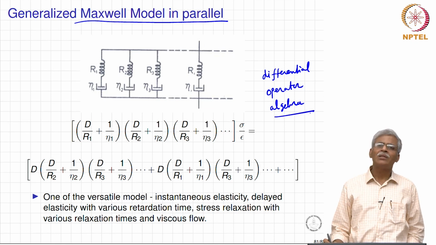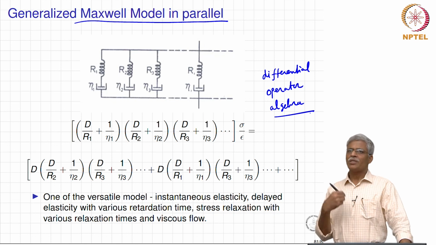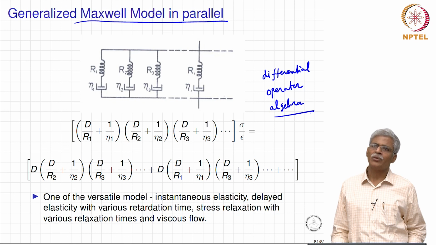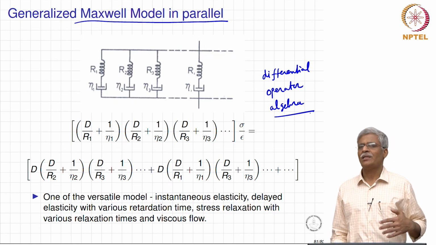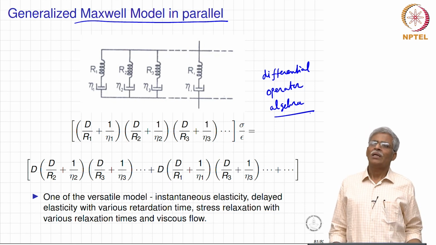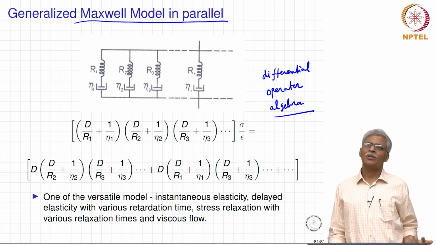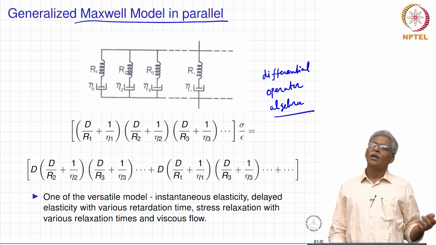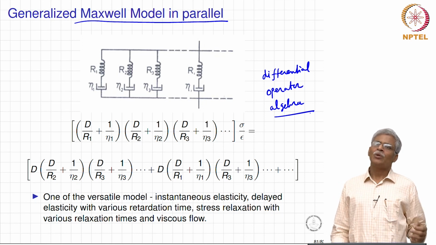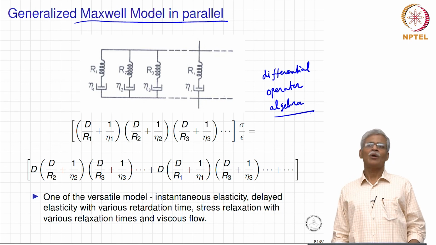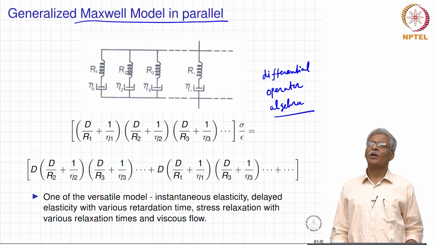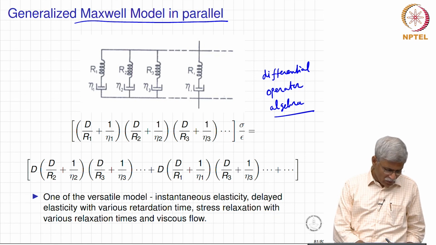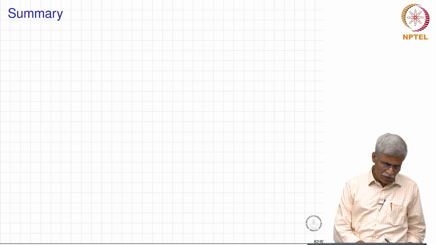I am mentioning all these things in passing because we are still working with linear viscoelasticity. We are not even talking about non-linear viscoelasticity, and in linear viscoelasticity itself, when we want to describe the response of bituminous mixtures and when we really need more than 4 or 5 relaxation times, the algebra that we need to do to solve a simple problem of stress relaxation or creep and recovery or in oscillatory mode can be really involved. So, we need to be aware of that particular part.